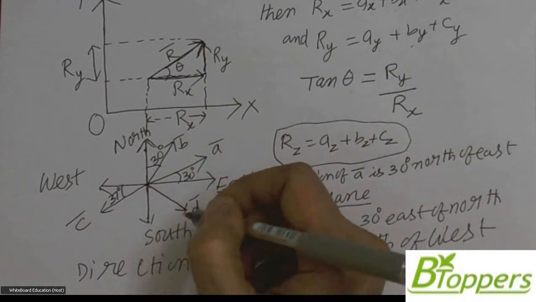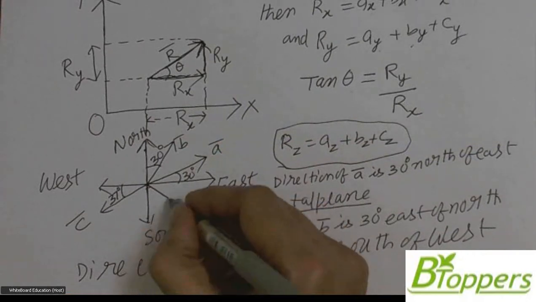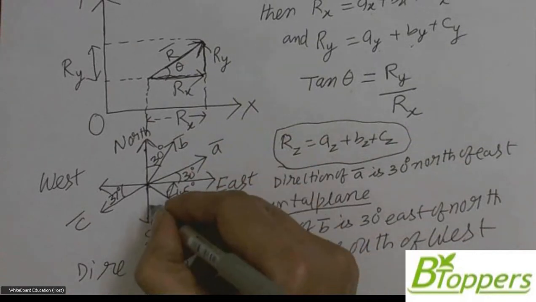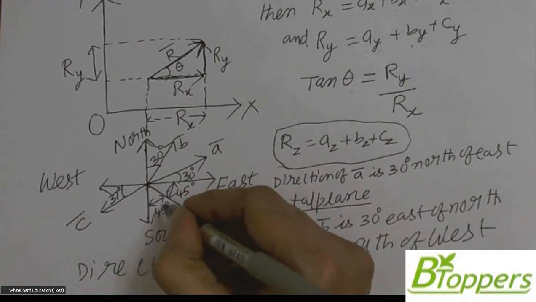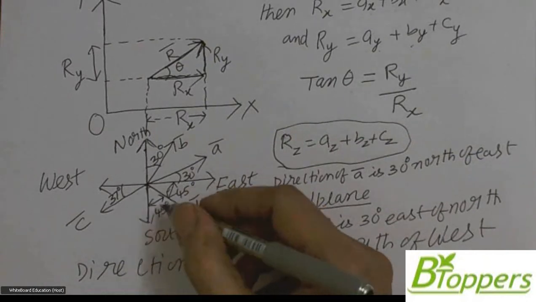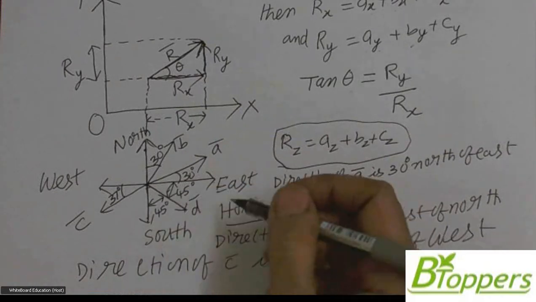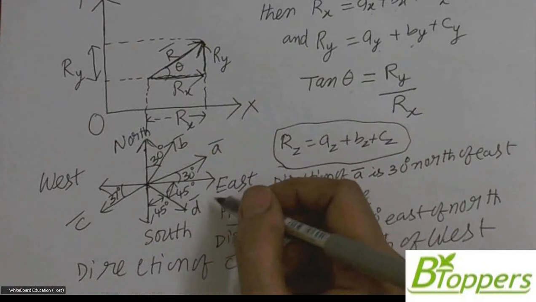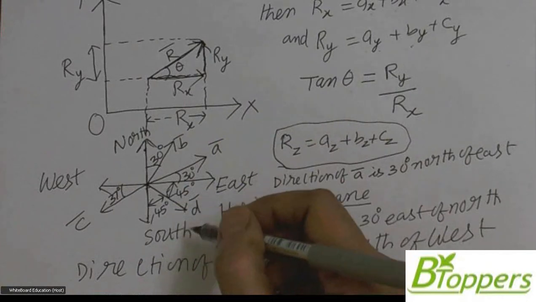Suppose another vector D bar which lies in the horizontal plane makes 45 degrees with east and 45 degrees with south, then we can say that direction of vector D bar is towards southeast. When we say the direction of vector D bar is towards southeast, that means we don't mention angles here.